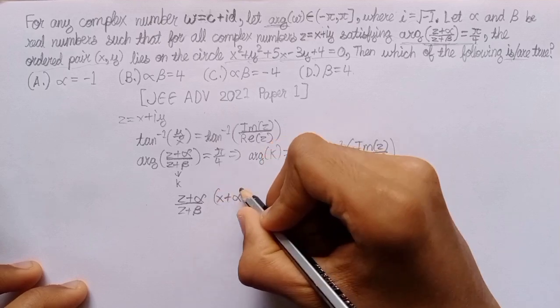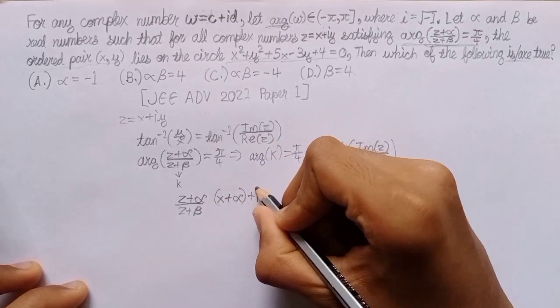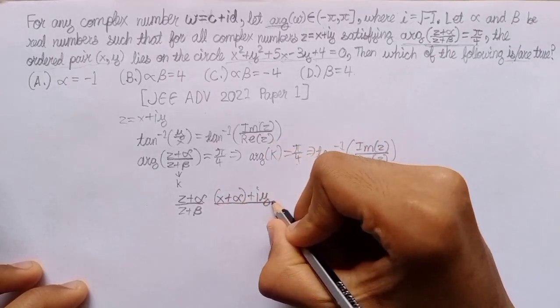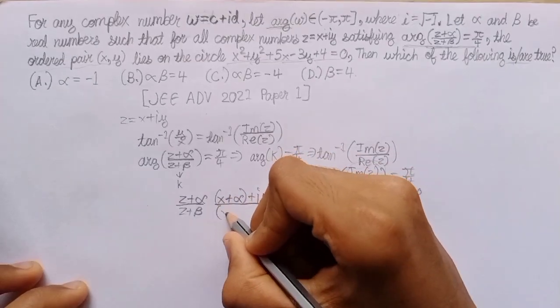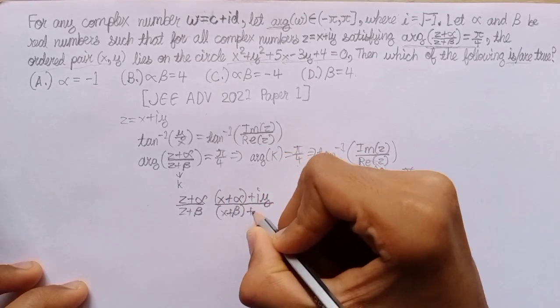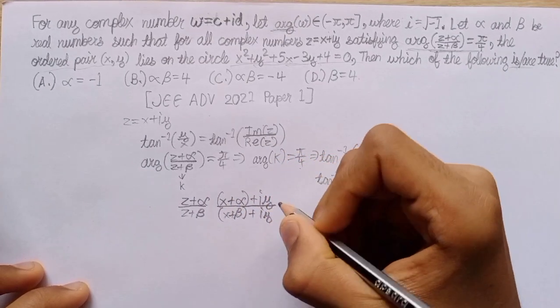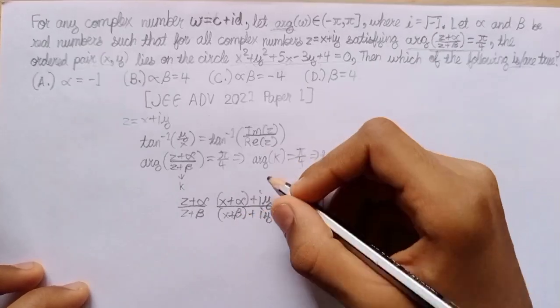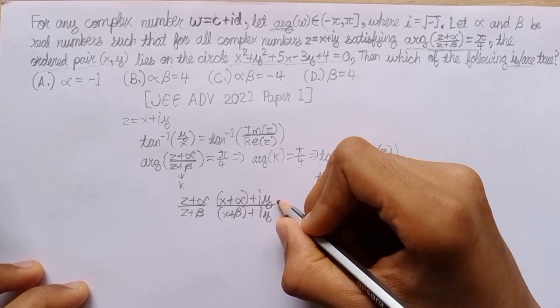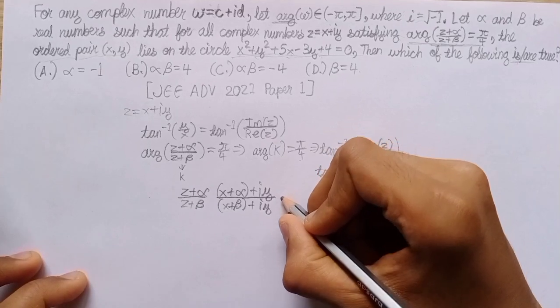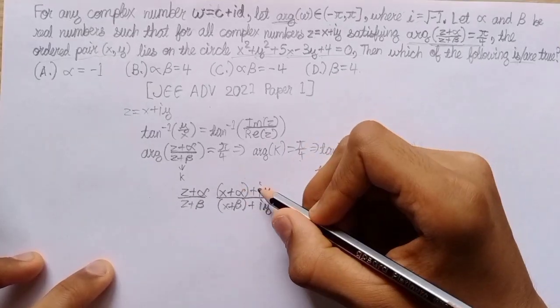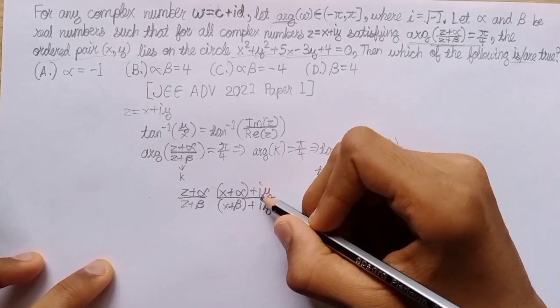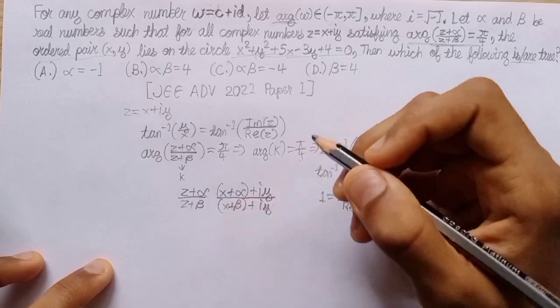So x plus alpha, put in brackets, by, we'll do the same thing here, x plus beta plus iy. And now we want the denominator to be a real number because it's going to be difficult if it's a complex number.